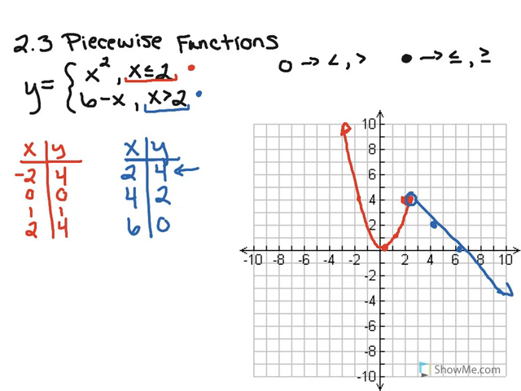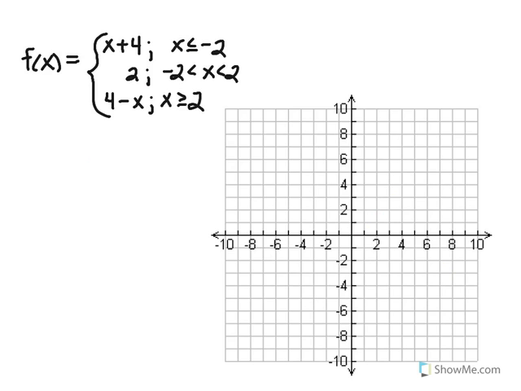So let's take a look at another one. Okay, so here's my next function. There are 3 pieces to this piecewise function this time. I'm going to get my color coding started. This one's going to be red, blue, orange. So for the first function, the x values that I can choose are x's less than or equal to -2.